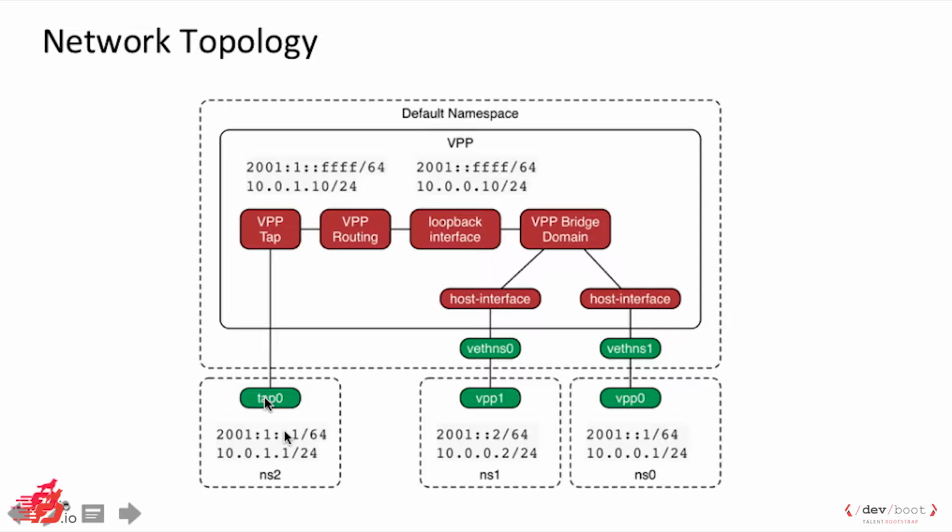It's going to spawn it. It's going to exist. And then using standard commands like ip, we can move the tap interface from the default namespace where it's being created to NS2. So in that situation, we are going to have VPP in one namespace and the tap interface actually living in another namespace. That's not a problem. That's okay to receive and send packets.